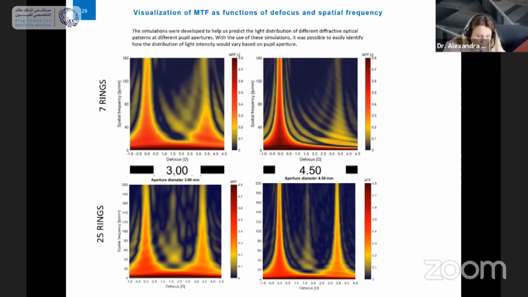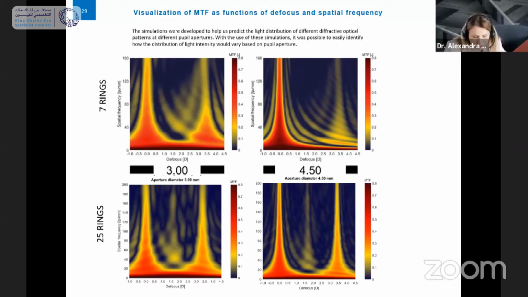And this is a 3 millimeter pupil. This is a 7 rings lens. And you see that when there is a 3 millimeter pupil, the energy is very balanced between far and near focus, and there is also quite a nice amount of energy, not even a lower amount than other technology using conventional 2 diffractive arrays for intermediate vision.